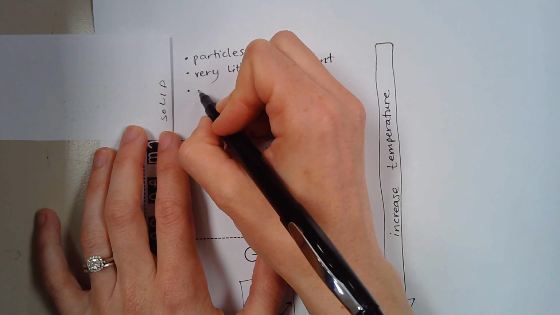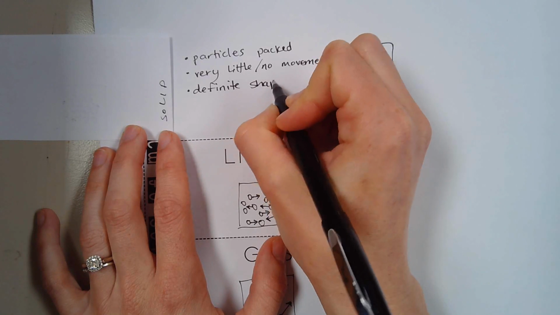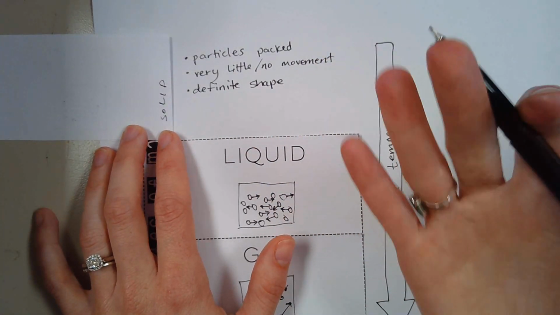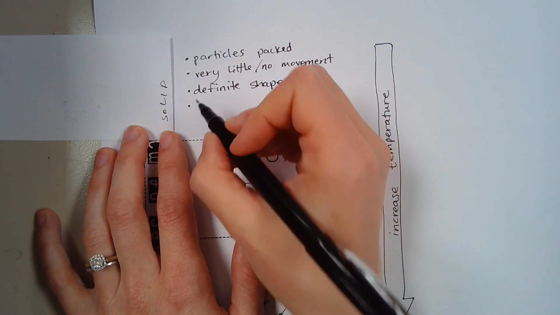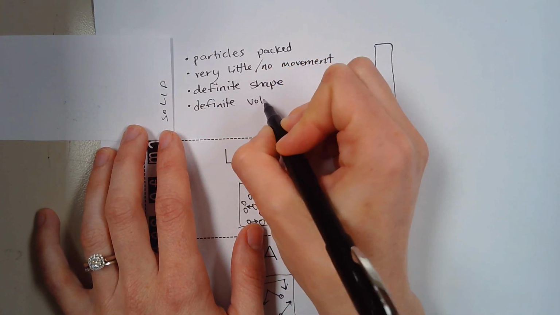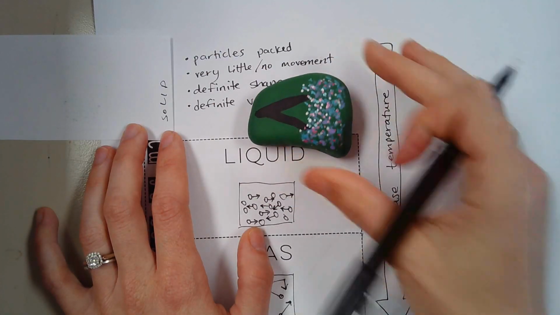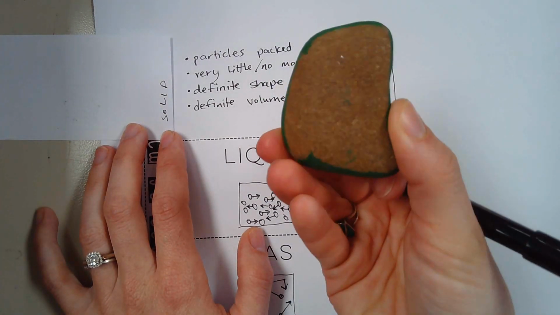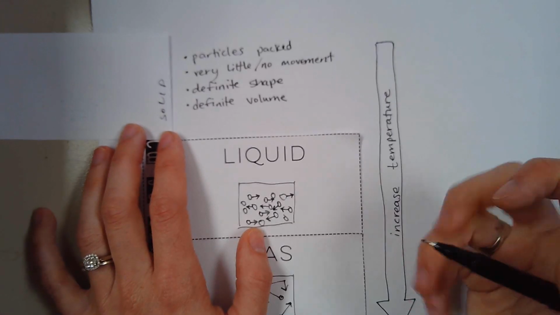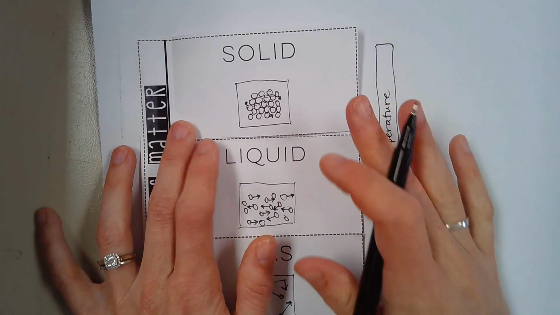Solids have a definite shape, right? The shape isn't changing. It is what it is for the time being, and it has definite volume. It takes up a set amount of space. So this rock has a certain volume. It's not changing. Okay? So that's what we need for solids.